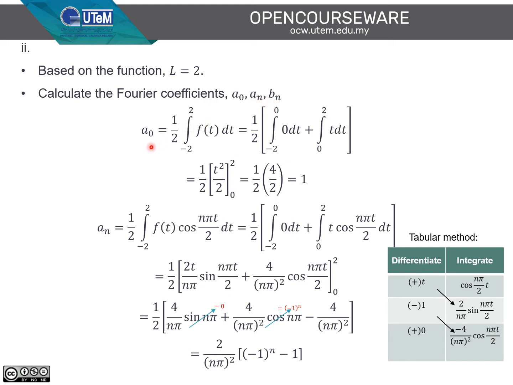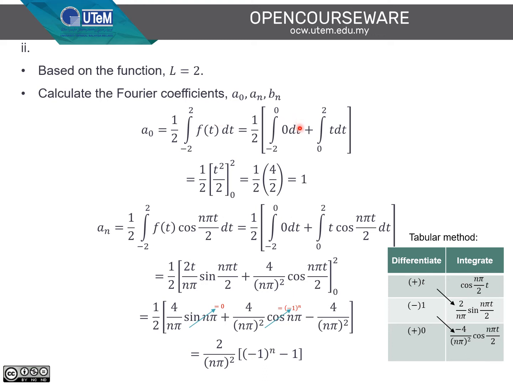The formula of a0 is 1 over L, the integration of the function f(t) with respect to t from -L to L. Here, I have substituted the value of L into the formula. Recall that the function f(t) is a piecewise function with 2 intervals. Therefore, we have to solve this integration by separating it into 2 integrals.